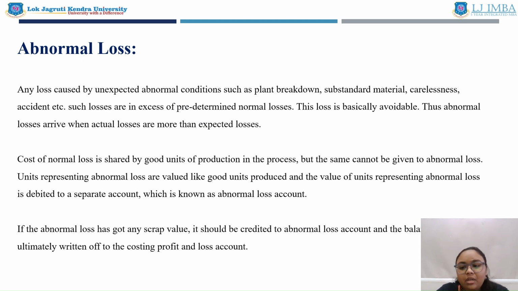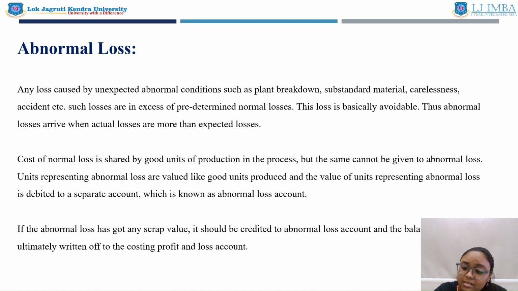Abnormal loss can also occur where you get a different quality of raw material from what you were actually using for your production. Instead of that, you get a lower quality of raw material. This can also lead to abnormal loss.